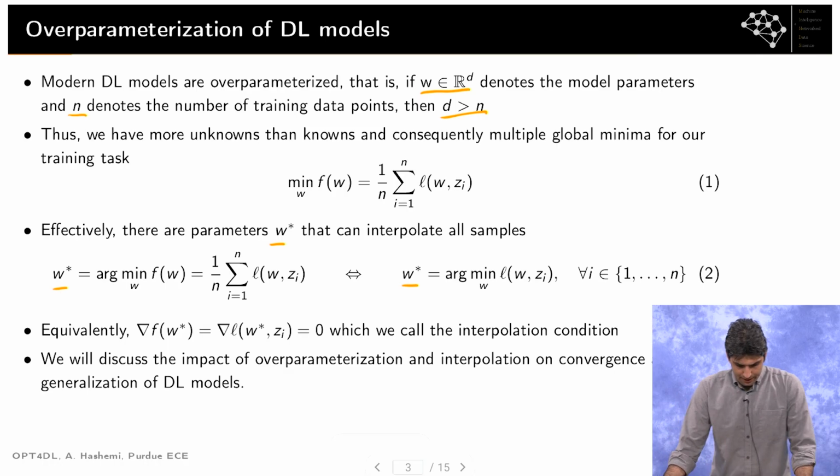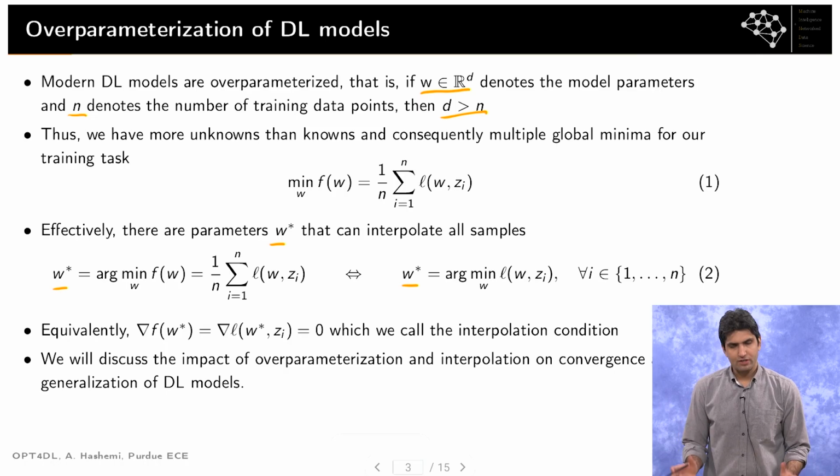Now, equivalently, especially if we assume that there is no constraint or anything like that, when we talk about optimality, a necessary condition, of course, is first-order stationarity. So that means that the gradient of the average loss at W star is 0, because W star is an optimal solution.